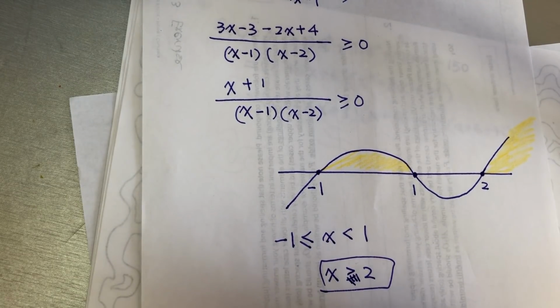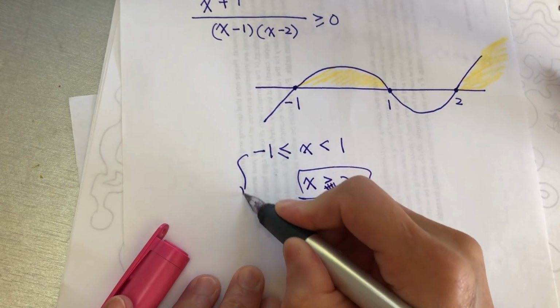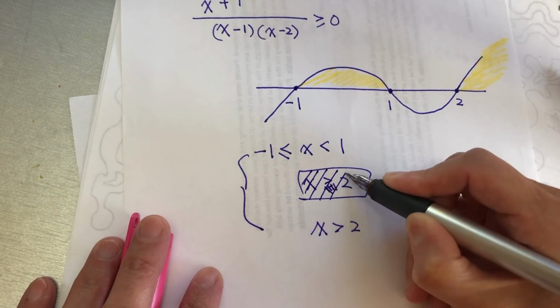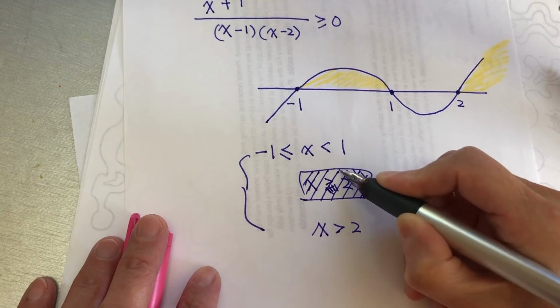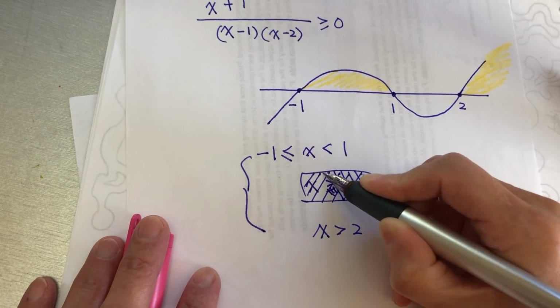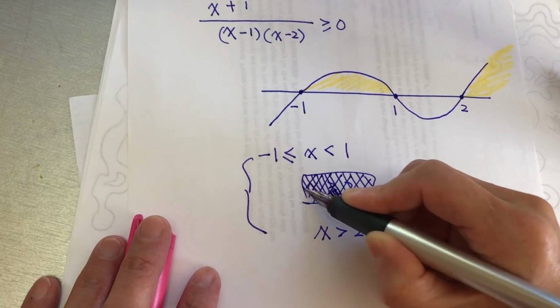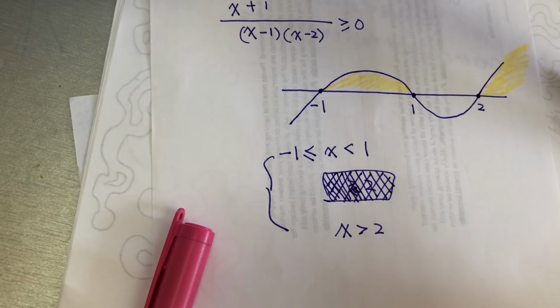Write x bigger than 2. So this is the solution. And this we will cover up. Nobody see. Don't tell. We didn't even think about it. Okay, so these are the solutions.